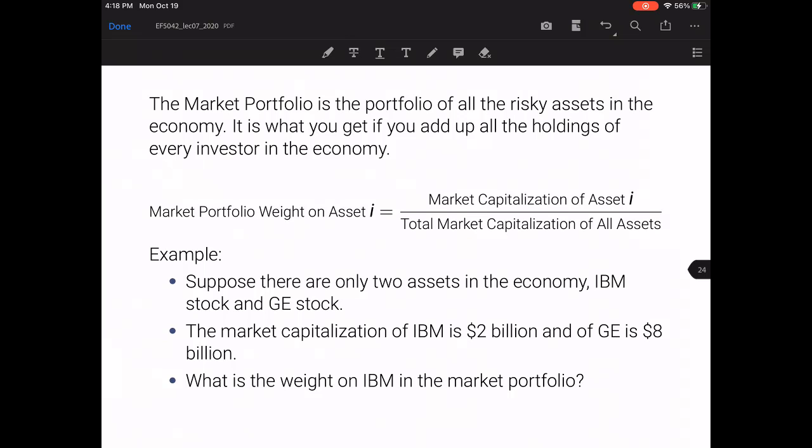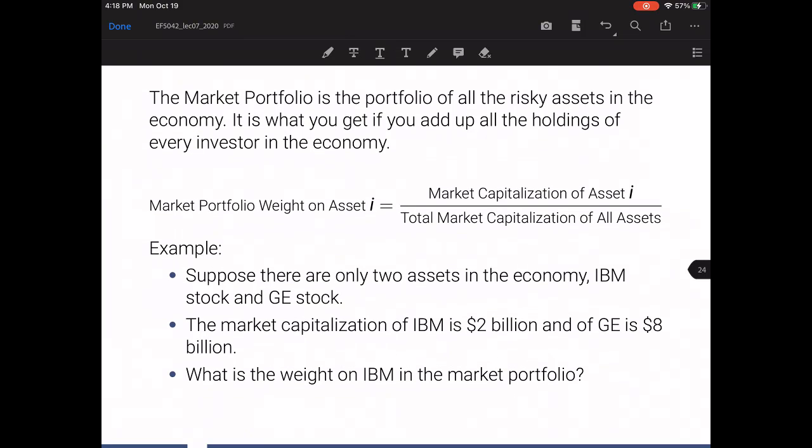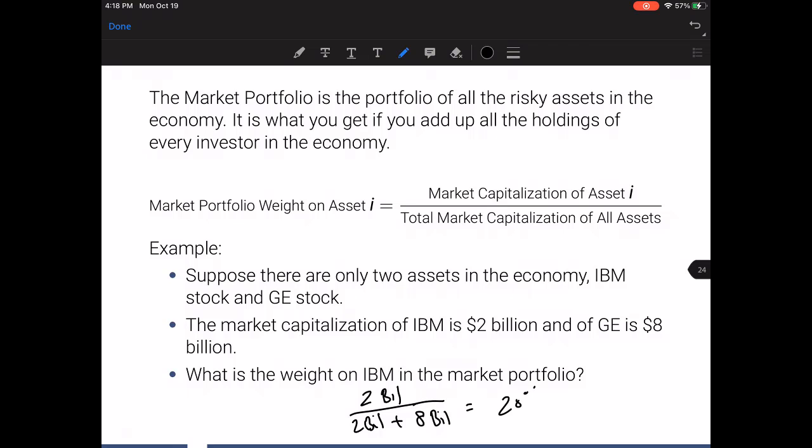When there are two assets, it's simply 2 billion over 2 billion plus 8 billion. That should give you 20%. Okay, so once you have the weights, you can easily weight your portfolio's return for each of these assets, and then you can come up with the overall return of the market, and that's all you really need, right? Is the market return. Very easy to calculate.